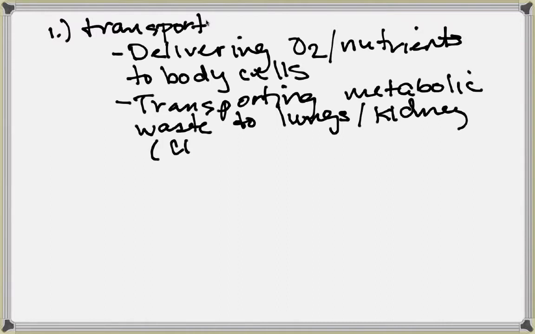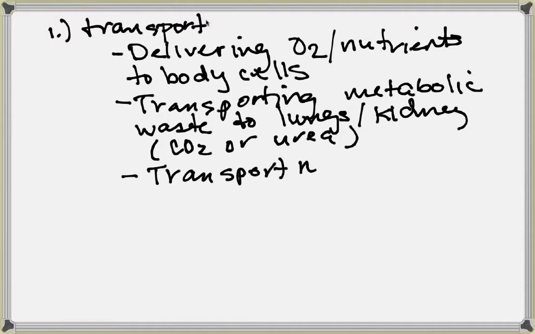So we're talking about things like carbon dioxide or even uric acid or urea. Now, we just got done talking about the endocrine system, so these guys are also very important in transporting hormones. And they go from the endocrine system to target organs.